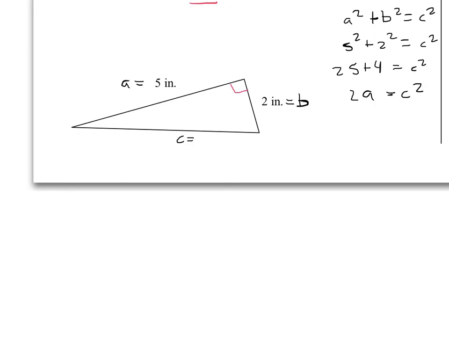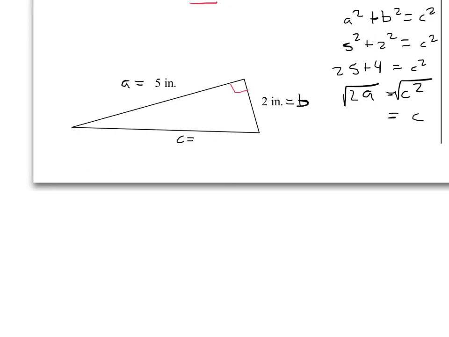C is squared, so we need the inverse of squaring, which is to take the square root. So that gets our C alone, and that tells us our answer is the square root of 29.